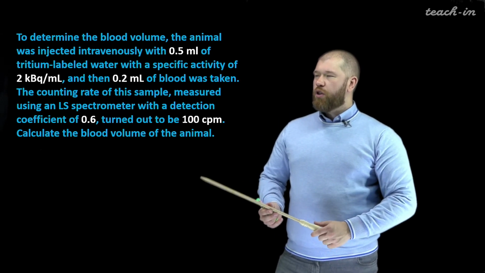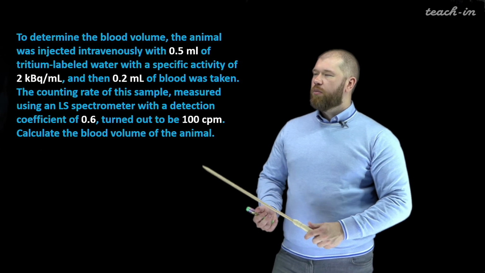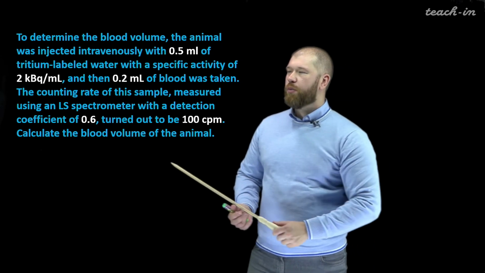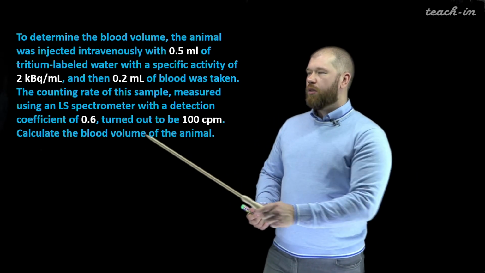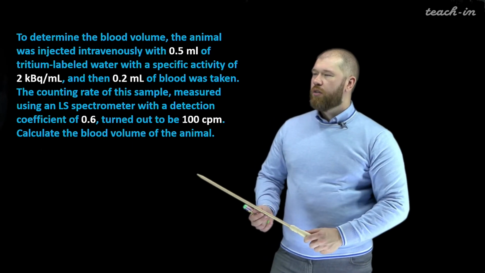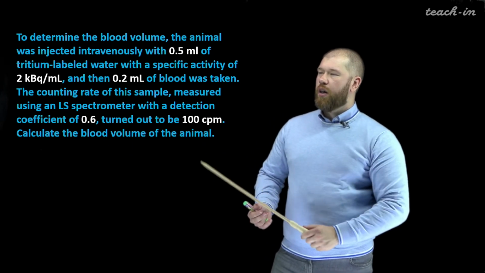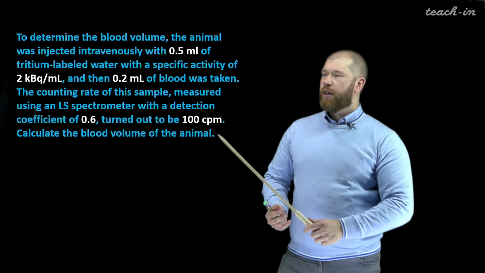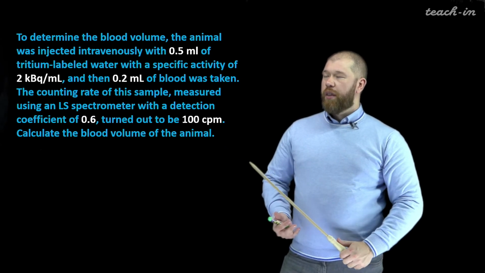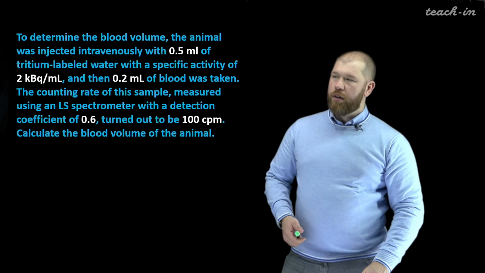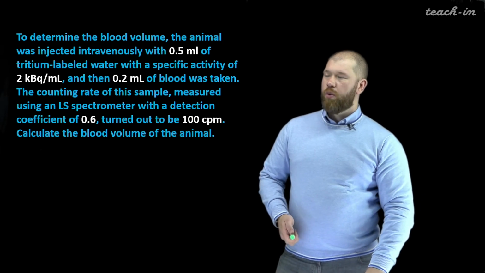And we measure this blood with liquid scintillation spectrometer with known detection coefficient, and determine that the count rate is equal to 100 CPM. And thus we should calculate the blood volume of the animal.